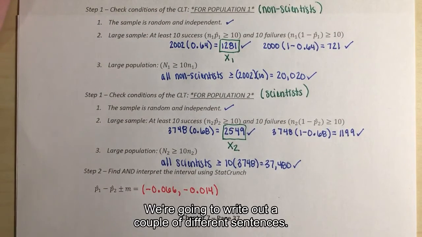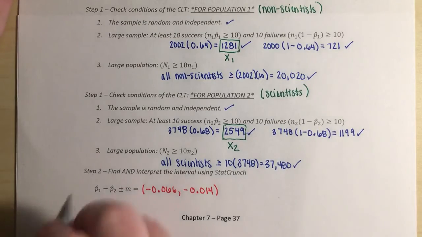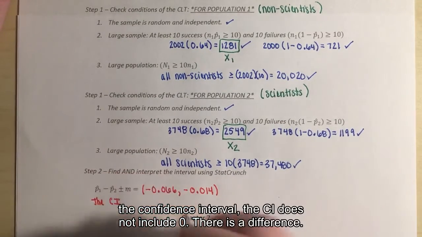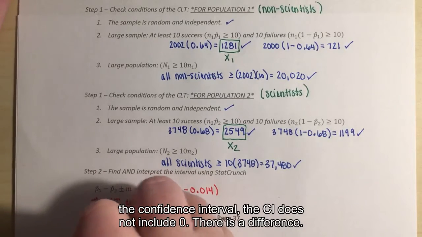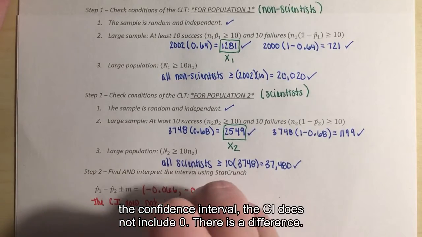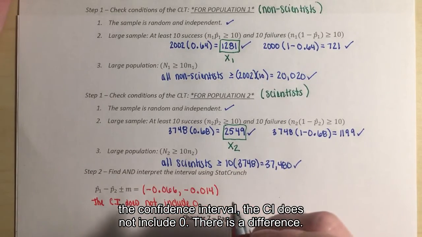So we're going to write out a couple of different sentences. Right underneath here, I'm going to say the confidence interval, the CI, does not include 0. So there is a difference.